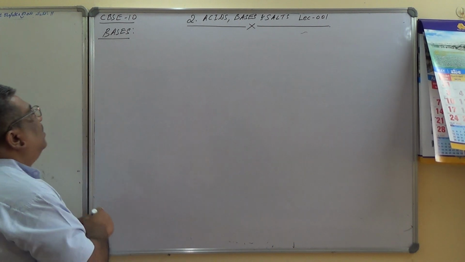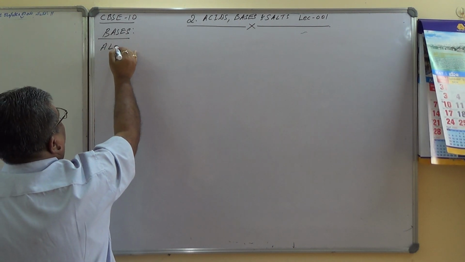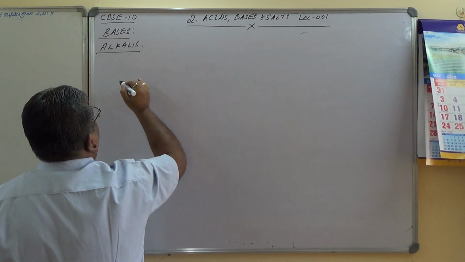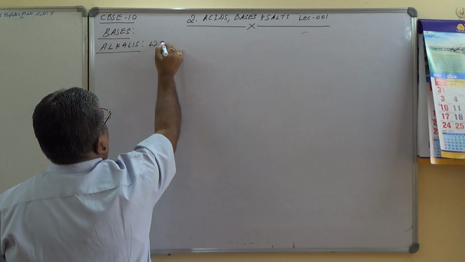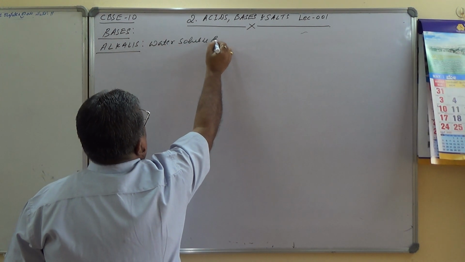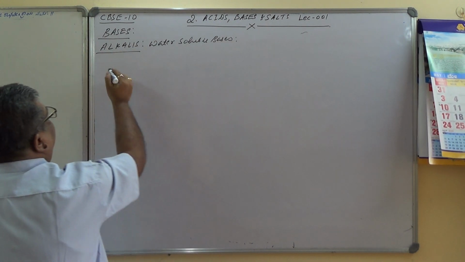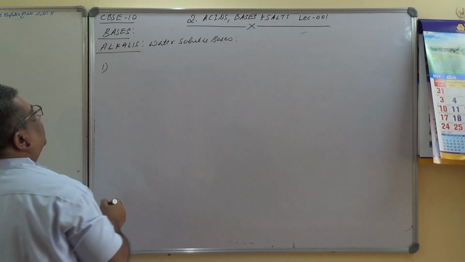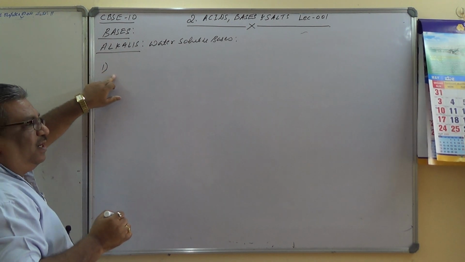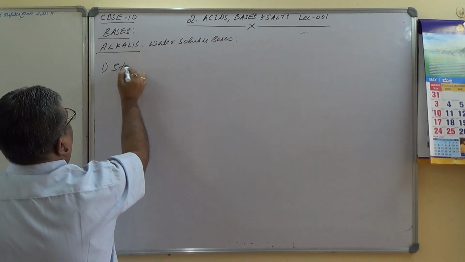Okay, fine. Now in bases we studied alkalis also. What are alkalis? Alkalis are water soluble bases. Water soluble bases. Now how do you classify here? Now instead of bases I am considering alkalis only. We are talking about alkalis now. Strong alkali and weak alkali.